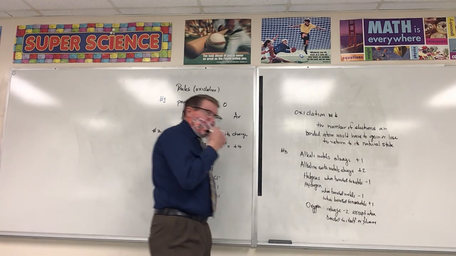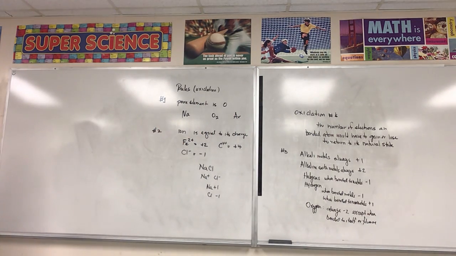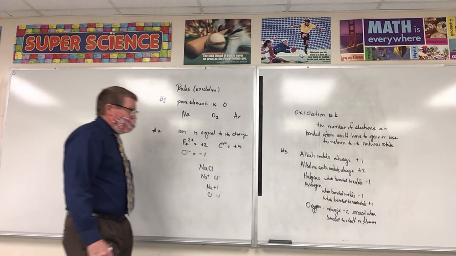Remember, fluorine is a bully, very highly electronegative. Fluorine will always take oxygen, so when it's bonded with fluorine, it's going to have a positive one and not a negative one. And those are your special ones for Rule 3.